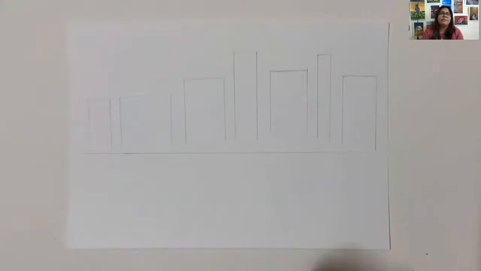Everybody quickly finish drawing the buildings. Remember to draw less number of buildings. Focus more on the thickness and on the length so that the buildings look huge. These are the buildings that are going to be in the background. The ones that are in the front, we will be drawing them directly with coffee.